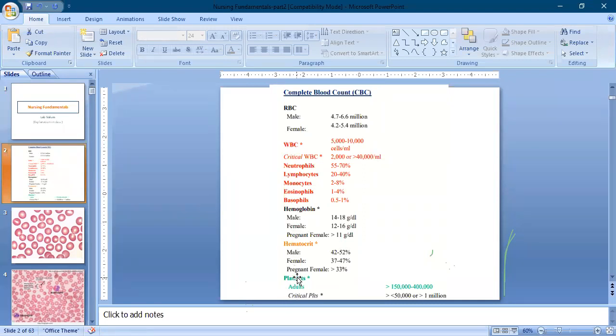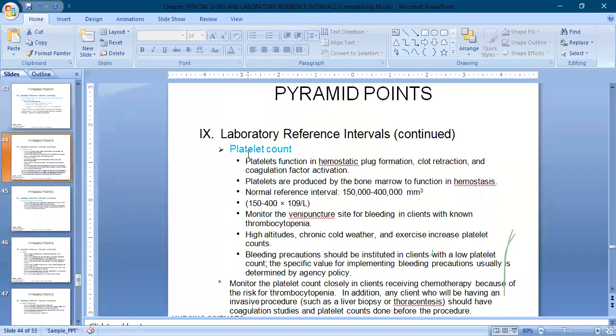So when platelets are less than normal, bleeding tendency is more common and causes a bleeding disorder. Platelets function in hemostatic plug formation. So when bleeding occurs, they form a clot and stop the bleeding. And this is called hemostasis.